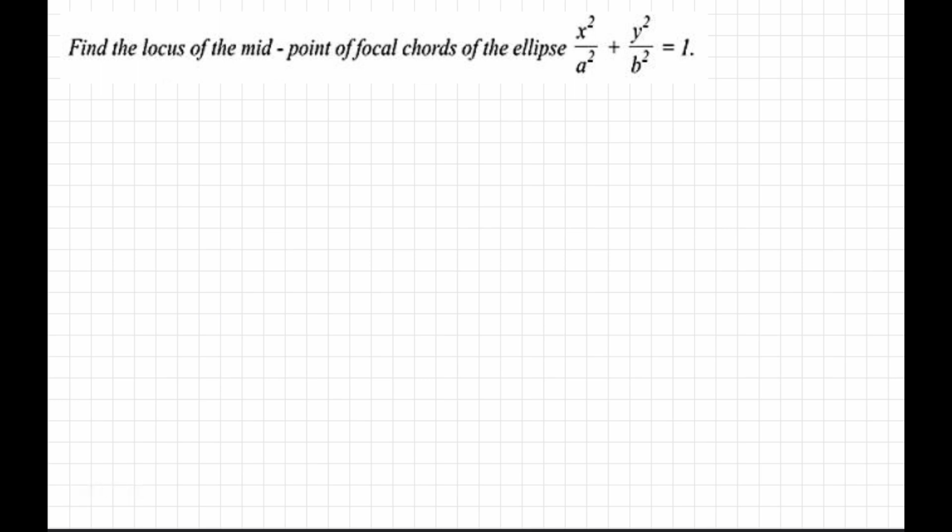It says, find the locus of the midpoint of the focal chords of the ellipse x square by a square plus y square by b square equals 1. So let us begin with the solution. Let P(h, k) be the midpoint of the chord.